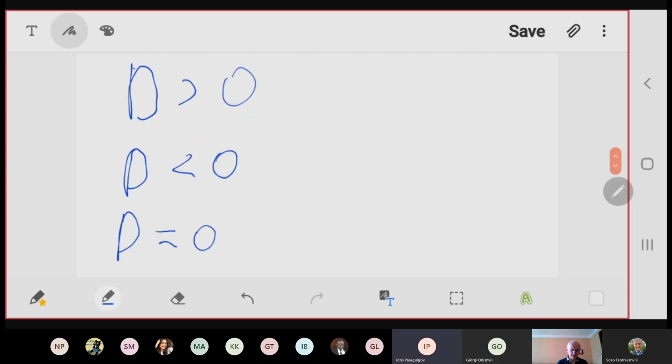Okay, I got it. If D is negative, it means that we have finished the solution. Our answer is that there is no maximum and there is no minimum. Or shortly, you can write there is no extremum when D less than 0. When D is positive, it means it has a local maximum and or local minimum.